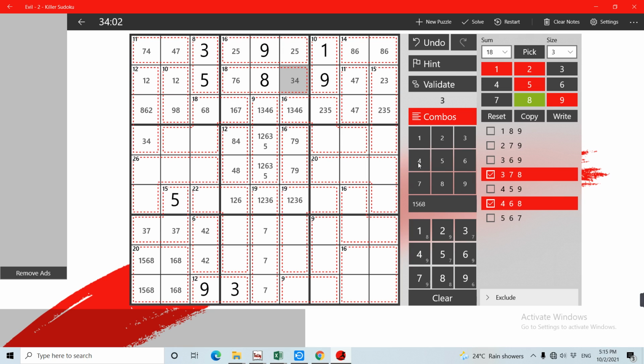Now, one thing to note is this is the only spot for 6. We don't have a 6 at any other spot, and we cannot have 6 here as well because of this. We cannot have 6 at these two spots, so 6 is the only spot for here. So with this 6, 6 plus 8, 14, 14 plus 4.